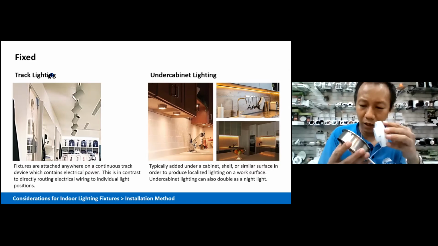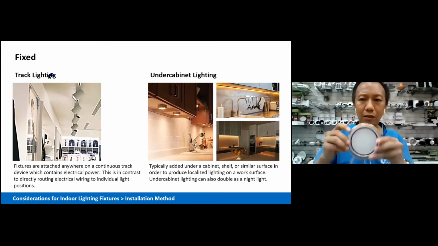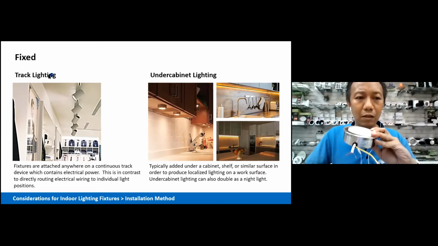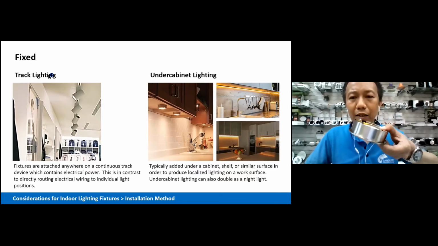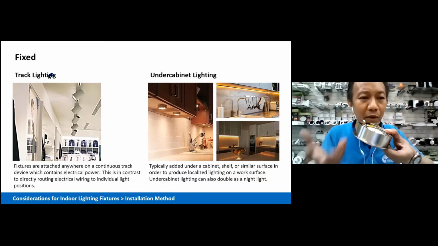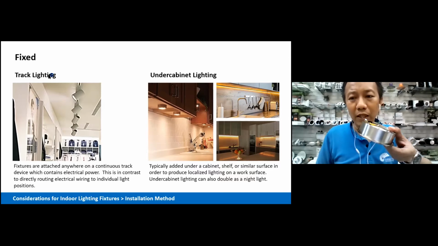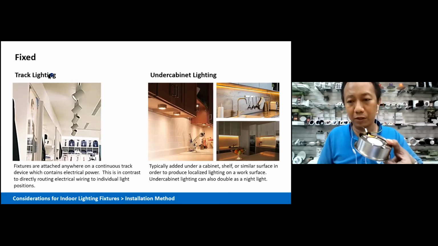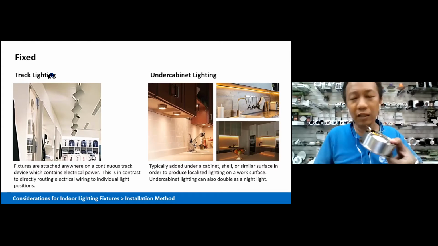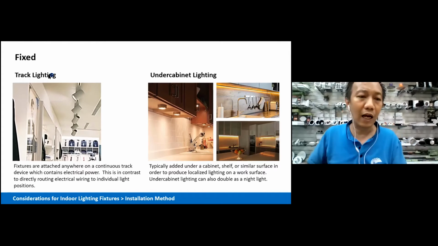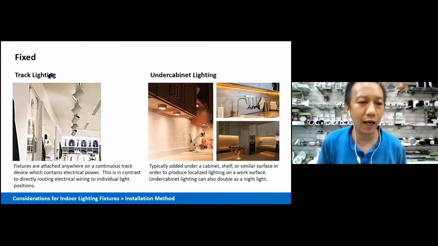GX53 itong nakalagay dito. Similar, di ba? Surface mounted yun. Under cabinet lighting. Or pwede naman, you can use yung strips na either exposed or naka-channel. Aluminum profiles or channel. Meron si LANDLITE niyan.